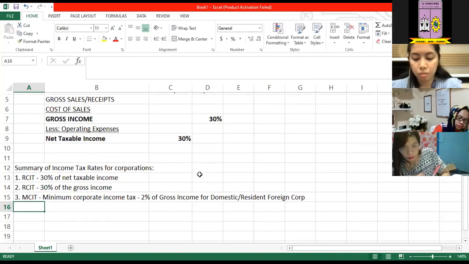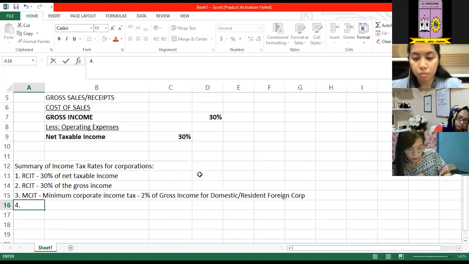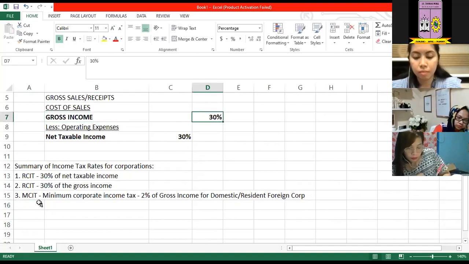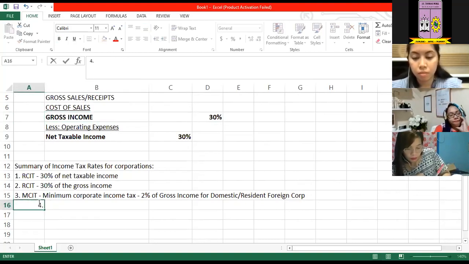So, dahil walang sinabi tungkol sa non-resident foreign corporation, 30% yung mag-a-apply. So, hindi mag-a-apply sa kanila yung minimum corporate income tax.